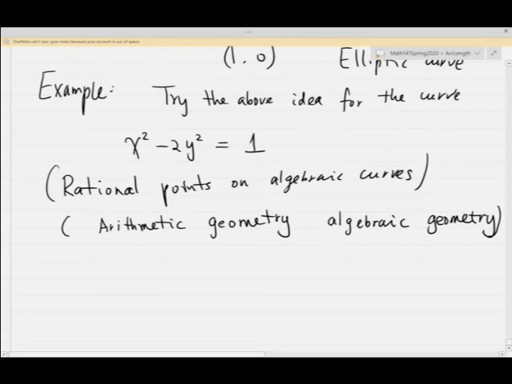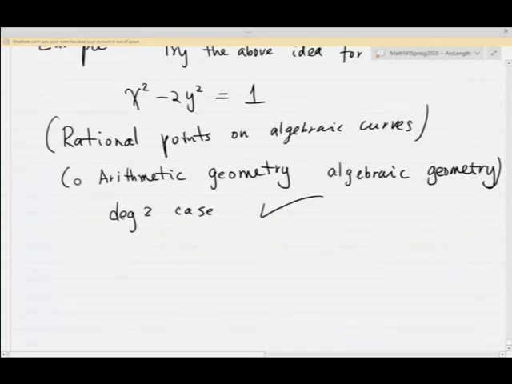This is totally solved. Degree 2 case, degree 2 curve. Totally solved. Now the degree 3 case. Degree 3 curves, or for instance, another name is elliptic curves.